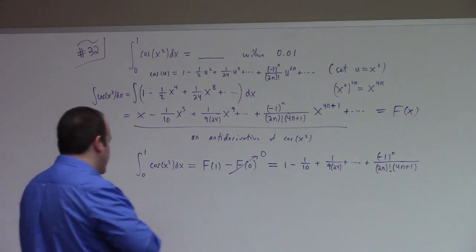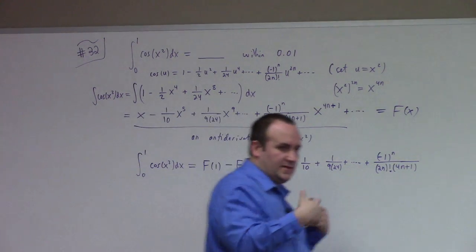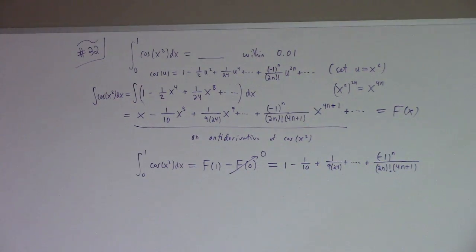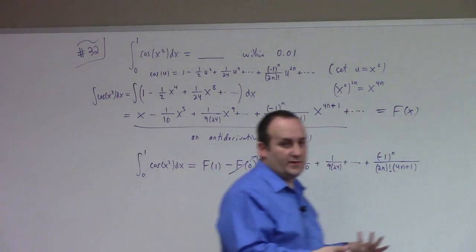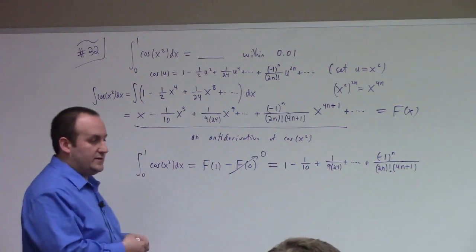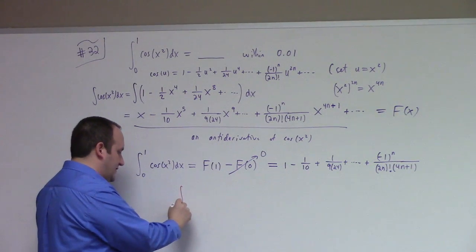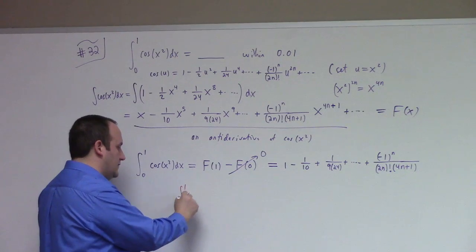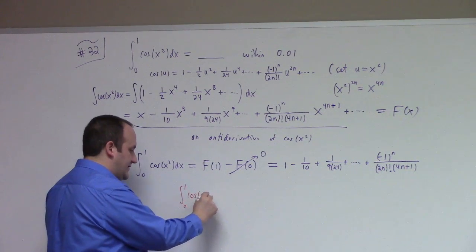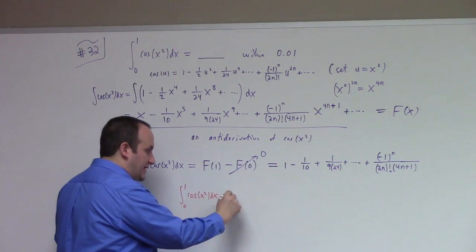So let's just stop here and tabulate a couple of results. Here's how I think about it. For example, one of the things I can immediately see is the integral from 0 to 1 of cosine of x squared dx is equal to 1.